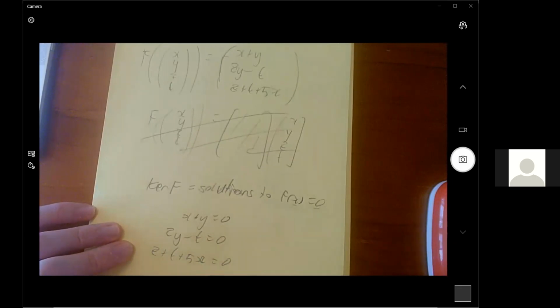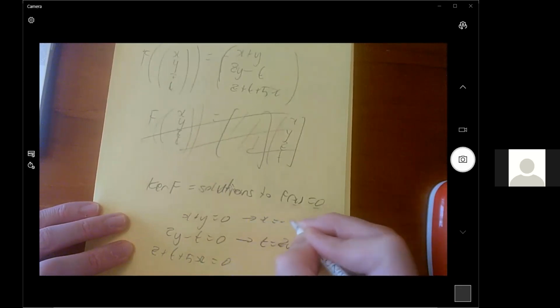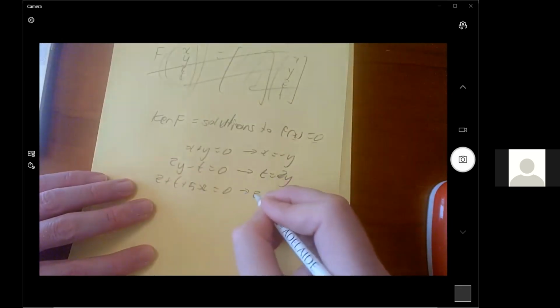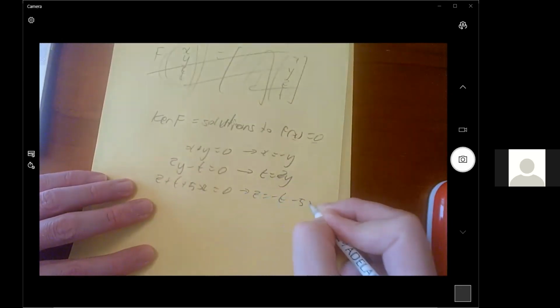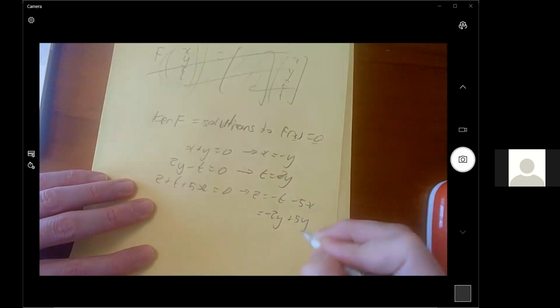So this would be cool. This would mean that t is 2y. This would mean that x is minus y. And this would mean that z is minus t minus 5x, which is minus 2y plus 5y.